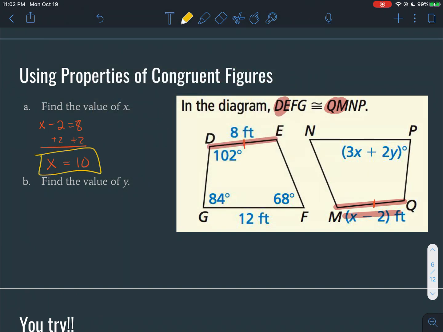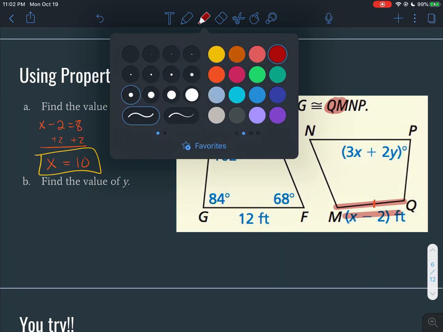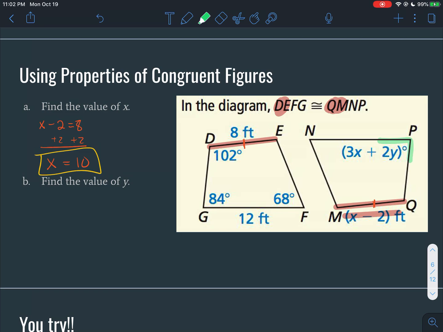All right. Once I know what x is, I can use that to find y. Okay? P is the last letter. G is the last letter. So P and G are going to be congruent.